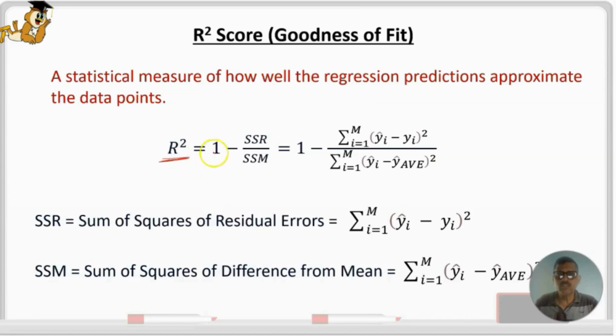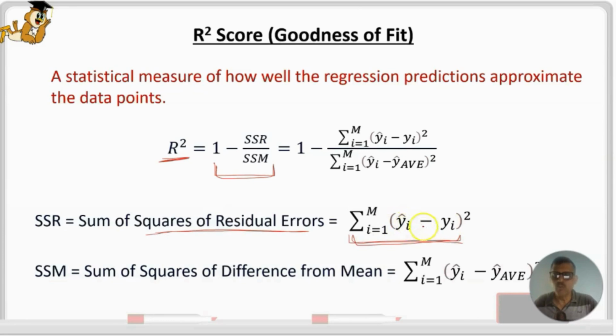R-square score is defined as 1 minus SSR divided by SSM. SSR is the sum of squares of residual errors. This is a quantity that we are familiar with. It is the quantity which, when divided by m, is the mean square error. So this is the square error, (y hat i minus yi) squared.